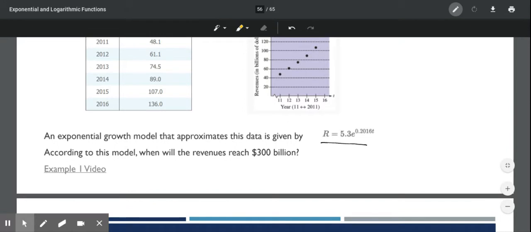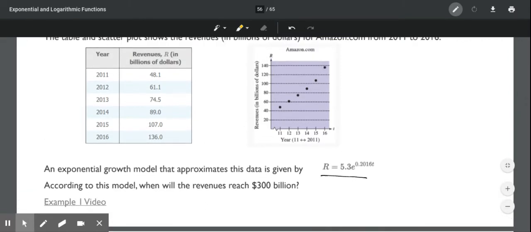So if we were going to solve this algebraically, we want revenue to equal 300. So in for the R, we would plug in a 300 and then set that equal to 5.3e to the 0.2016t. All right? And then we'll use our solving skills that we learned in the last section.